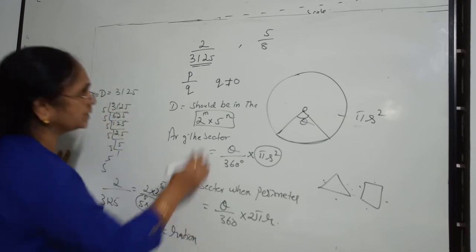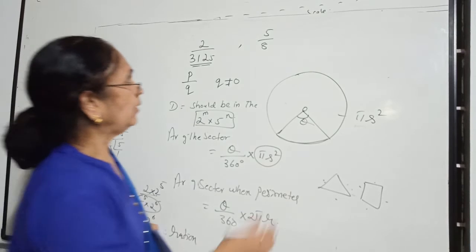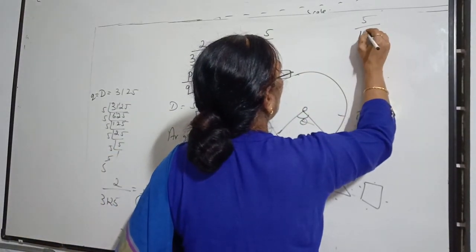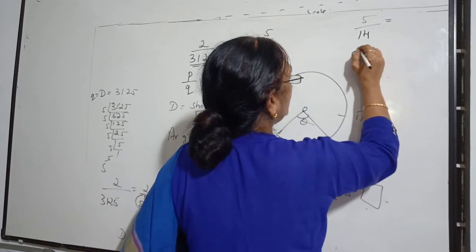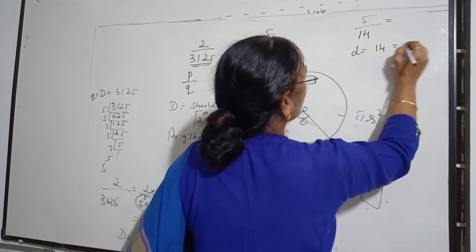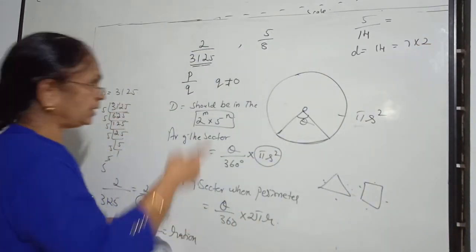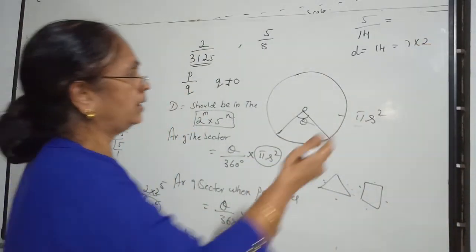If not, for example, now 5 by 14. So now take the denominator. 14 factors are 7 into 2. Here the factor 2 is there, but the factor 5 is not there. Here it is 7.